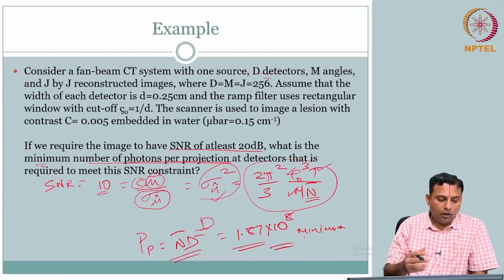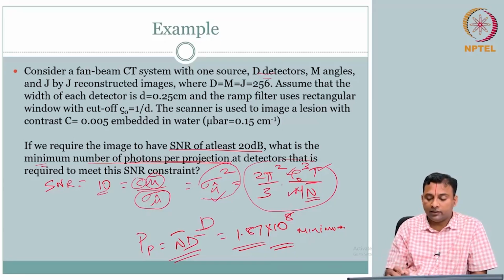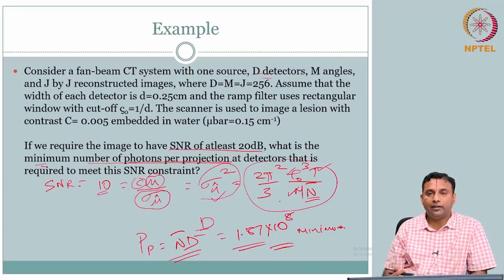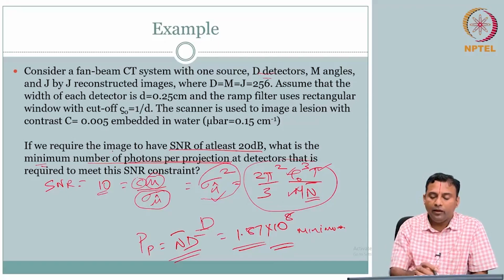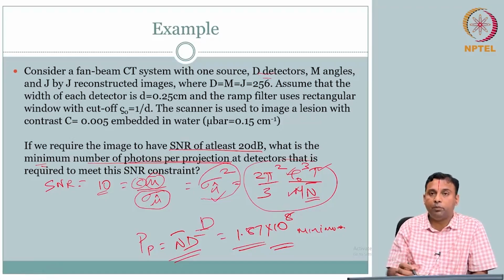Okay, so the objective is not so much on the calculation, the details of how you punch the calculator, but about how we understand the question, appreciate that, if there is a requirement, constraint from the end user on the acceptable image quality, how do we work our way around, because this is important, right?